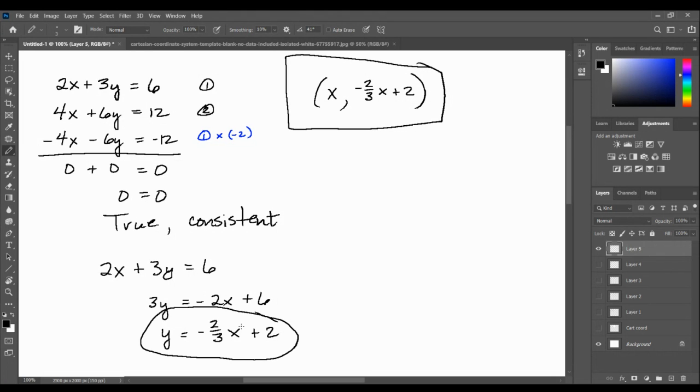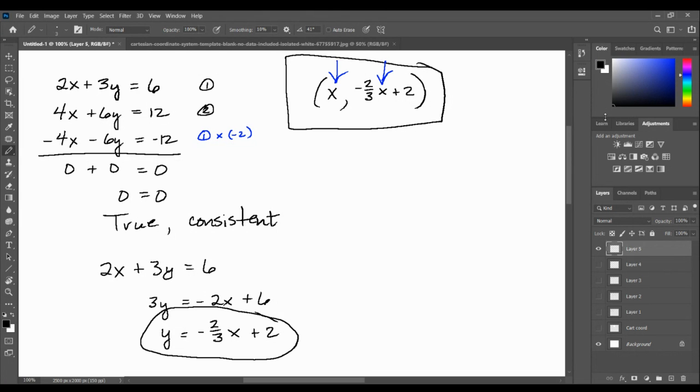So now if I picked an x of 0, I could plug 0 in everywhere there's an x, and it would give me the corresponding point. Or if I plug in 2 for x, I could plug it in both places, and it would give me that corresponding point. Because as we saw when we graphed those, we have an infinite number of solutions.